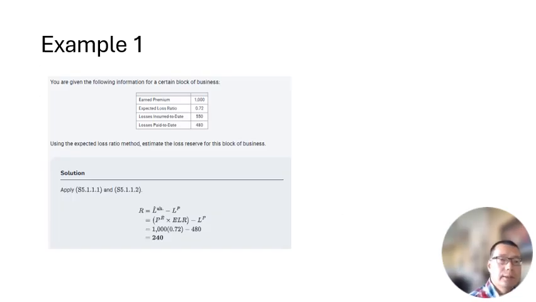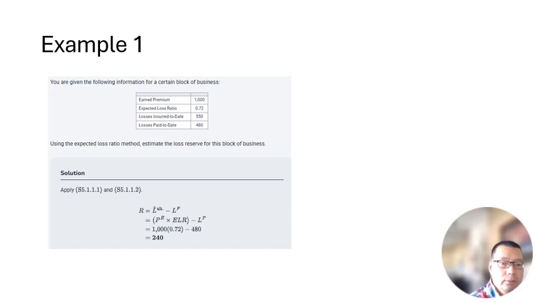Now let's look at this example. This is a simple example. You are given the following information for a certain block of business. Earned premium is 1,000, expected loss ratio is 0.72, losses incurred to date is 550, and losses paid to date is 480.